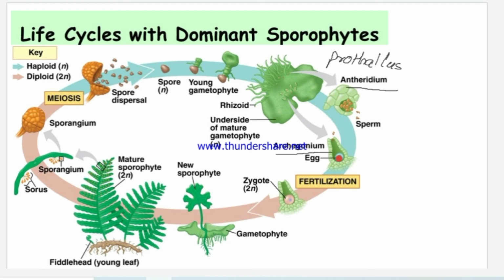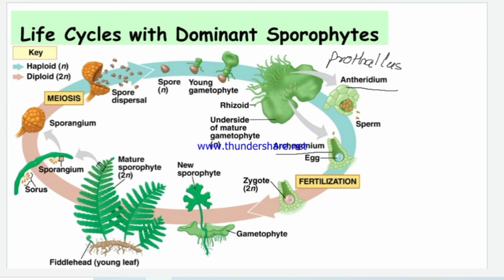Now, fertilization of egg and sperm gives rise to the diploid zygote. The diploid zygote develops into a new sporophyte which is dependent on the gametophyte. So, here also the gametophyte is independent but the sporophyte is dependent.